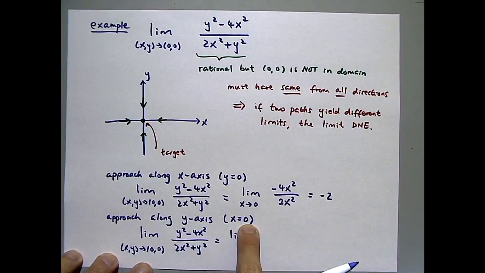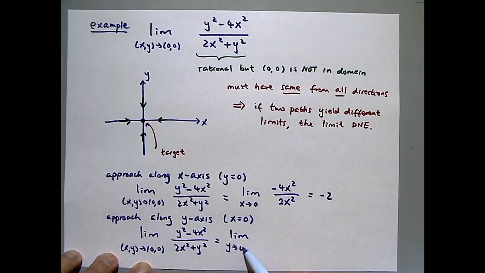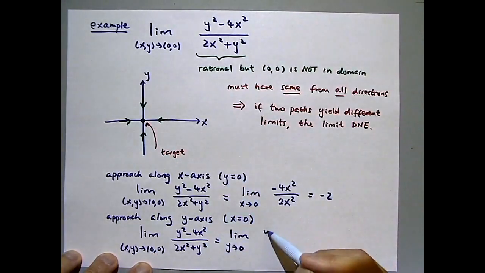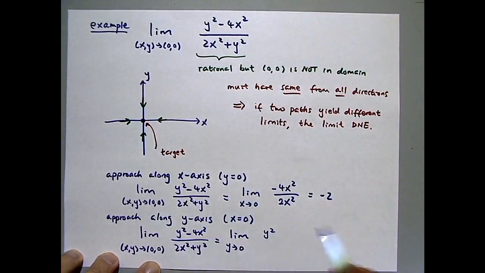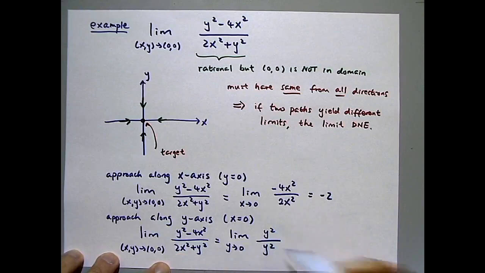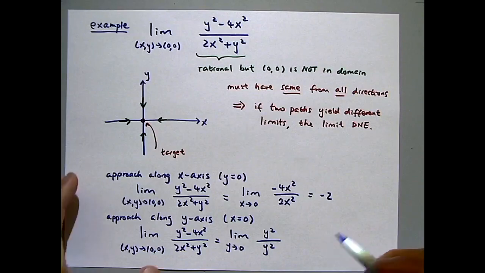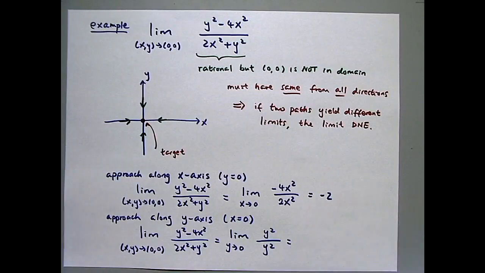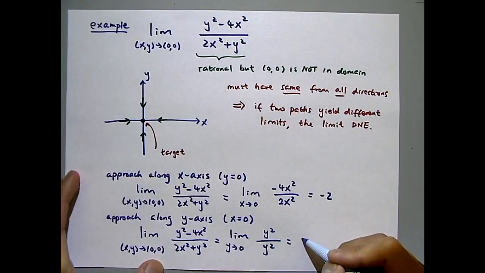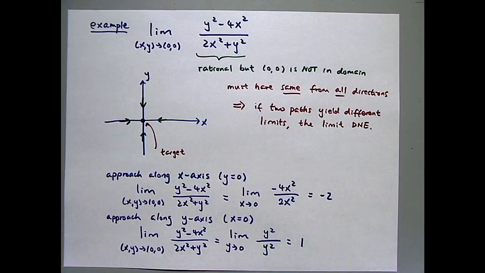We're constraining x to be 0. y is allowed to be free, but going to 0. So now we have y squared minus 0 on top, and downstairs is 0 plus y squared. Then what happens? We get a 1, right? So if I approach along the y-axis, I see 1.